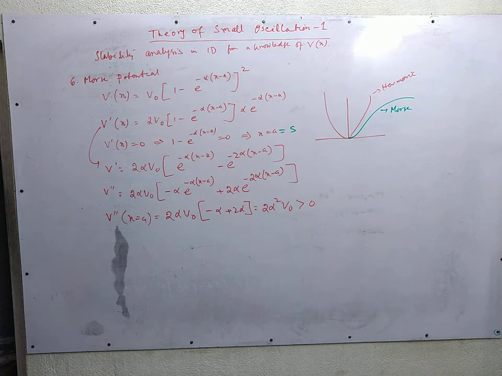For neutral equilibrium, the potential only has the constant part, and all the higher order derivatives of the potential are 0.